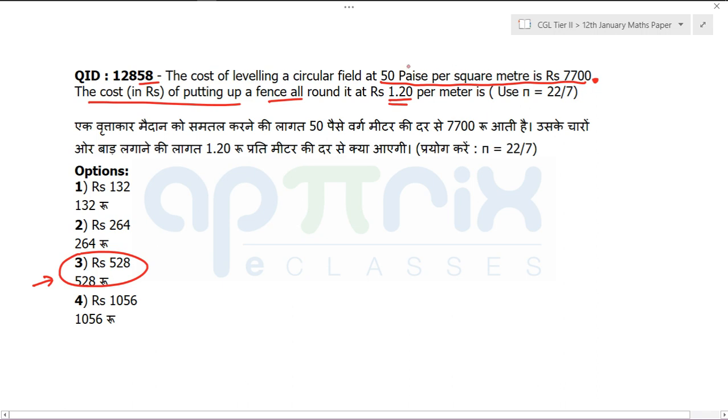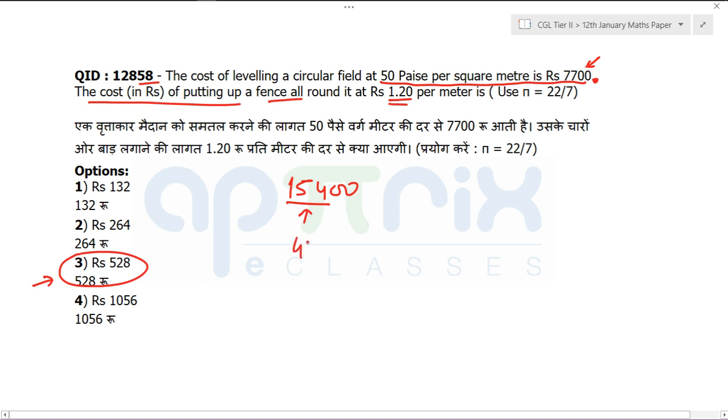If 50 paise per square meter is 7700, then what is the number of square meters? It will be 15400, because it's 50 paise per square meter. Double.